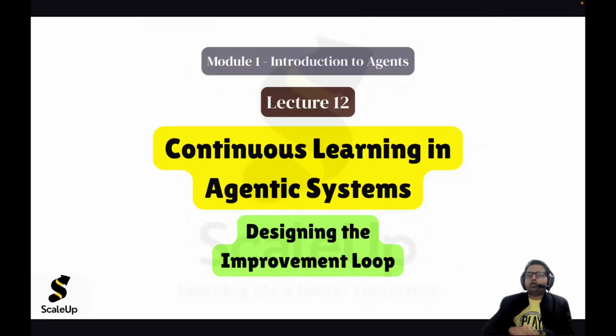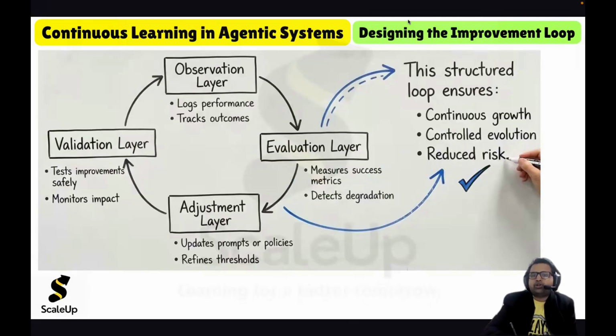Designing the improvement loop. So a mature agent system includes several layers. We will have the observation layer. The observation layer is involved in logging the performance. It will log performance and track outcomes. We have the evaluation layer.